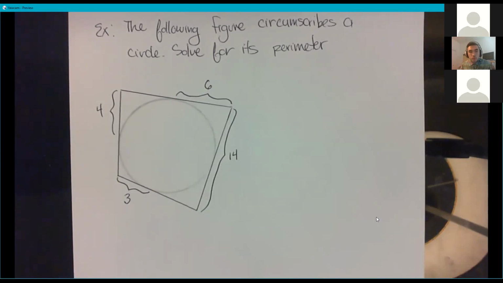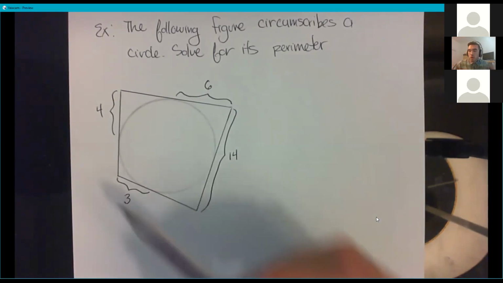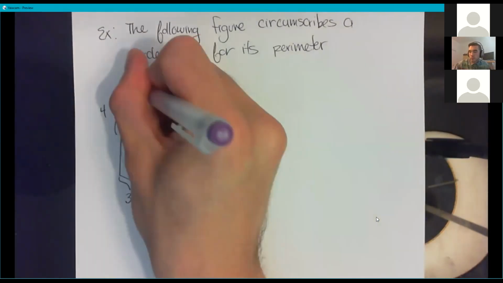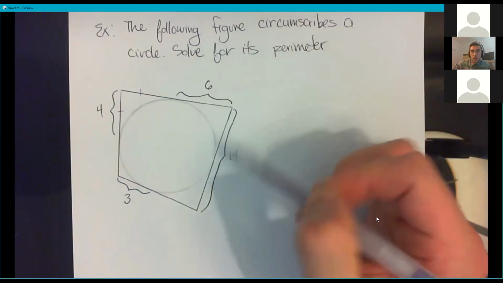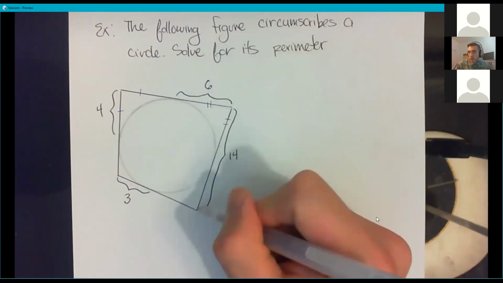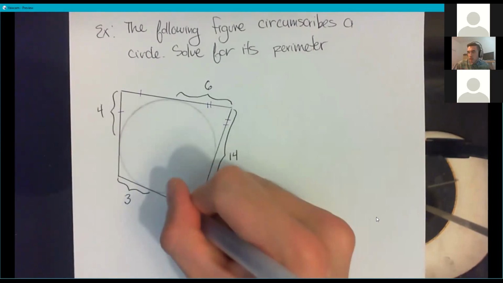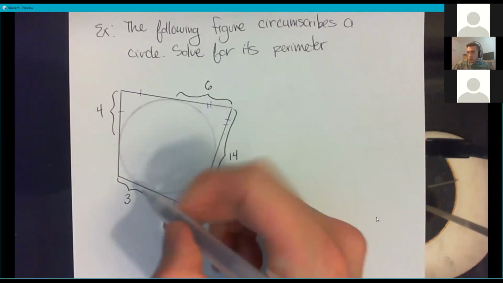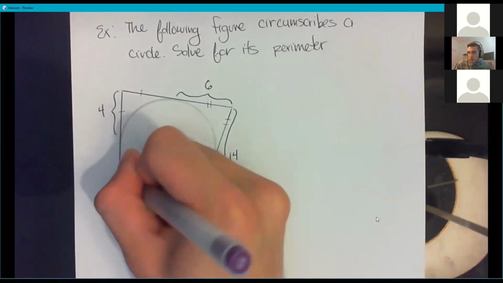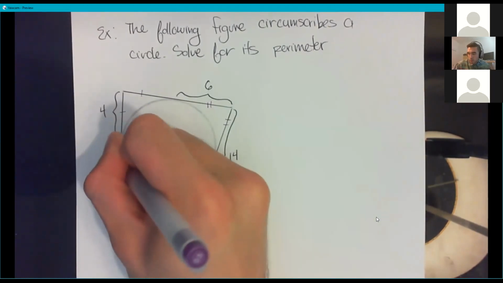So whenever you see a circumscription, please go around and make the following marks. This length and this length have to be congruent. This length and this length, they have to be congruent. This length and this length, they have to be congruent. This length and this length, they have to be congruent.